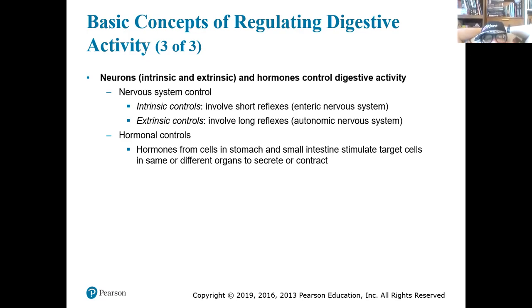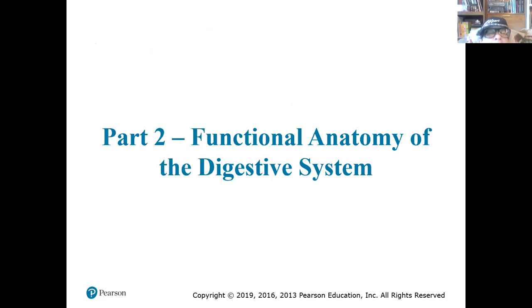Hormonal controls: hormones from cells in the stomach and small intestine stimulate target cells in the same or different organs to secrete or contract. Whenever people talk about the endocrine system, they don't talk much about hormones from the stomach or small intestine, but that's really a thing. Some people would say that's more paracrine than endocrine, meaning it's too local, but anyway.